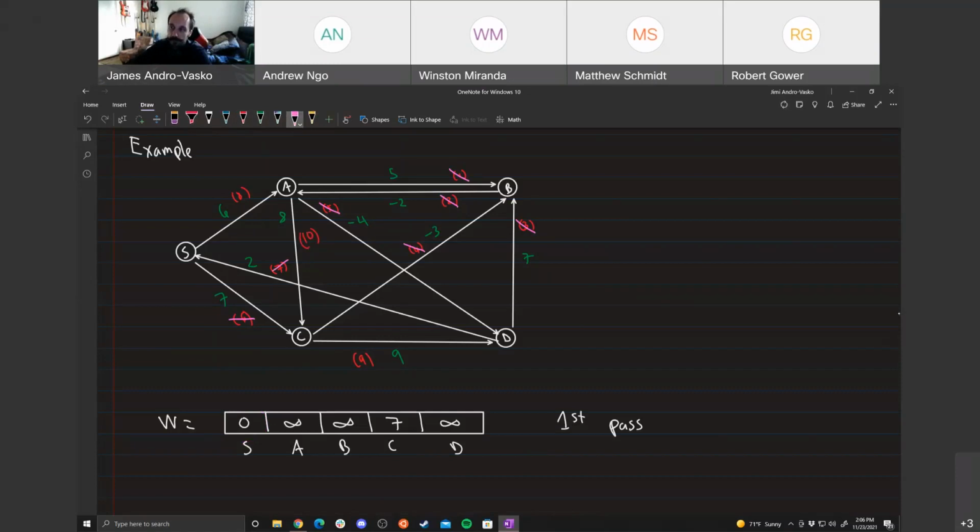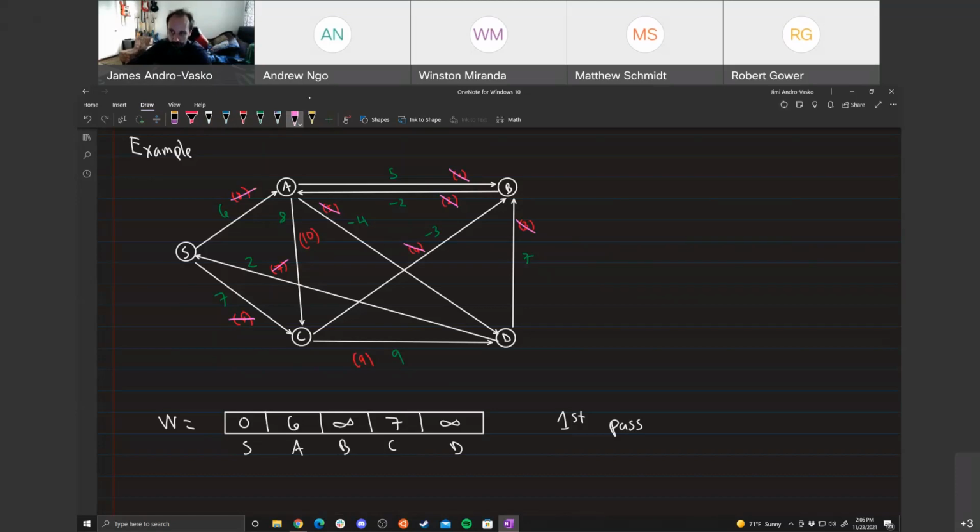Then edge 8 is going to be S goes to A. S has a weight of 0, because our W array contains 0 for S. Plus 6 is 6, which is less than A's current weight, infinity. So we updated A to be 6.